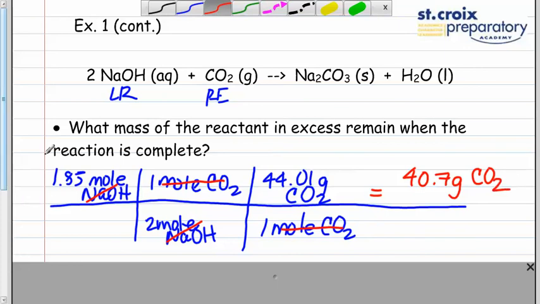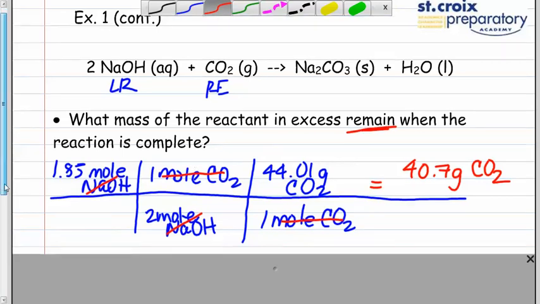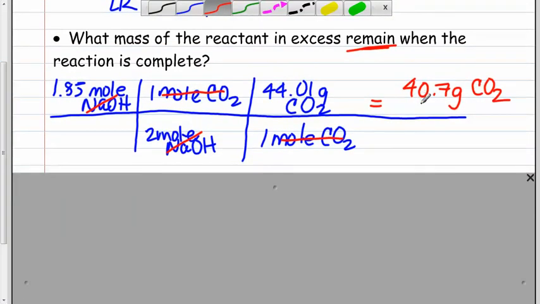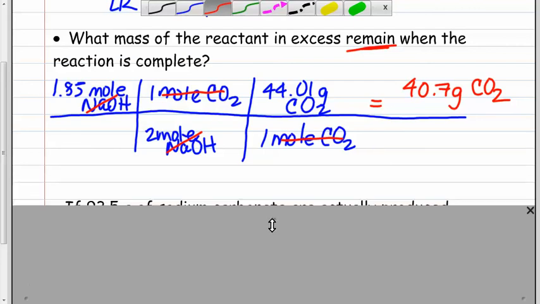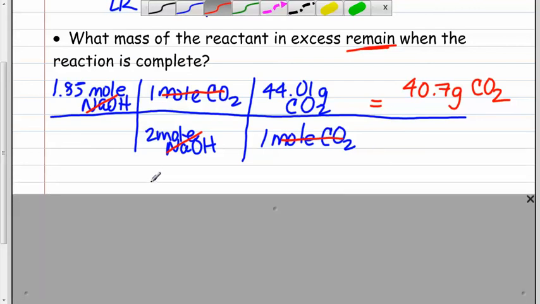Now the question actually asks, what mass remains when the reaction is complete? And this is actually the amount we used. So I need to go just one little step farther.